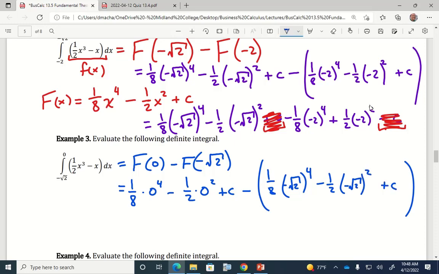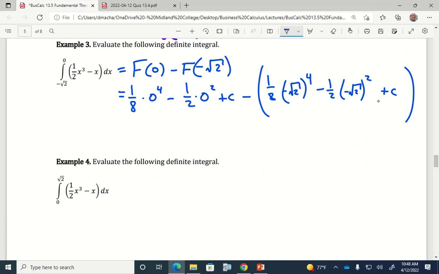Now when we distribute the minus sign, we can clean all those zeros up because 0 times anything is 0, and we can write c minus 1/8 times negative root 2 to the 4th power, which is going to be 4, and then minus a negative makes a positive, and then this is minus half times negative root 2 squared, which is just 2, so half of 2, and then minus c.